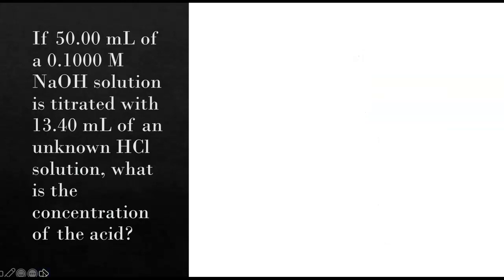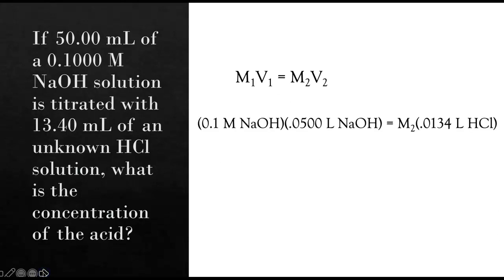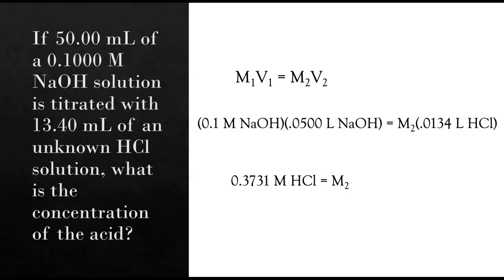Now, because you have a 1-to-1 ratio here, you can use the M1V1 formula and simply solve for the molarity 2, and you should get 0.3731 for your molarity. And then, of course, you would need to round that to significant figures based on the numbers you pull off the burette.